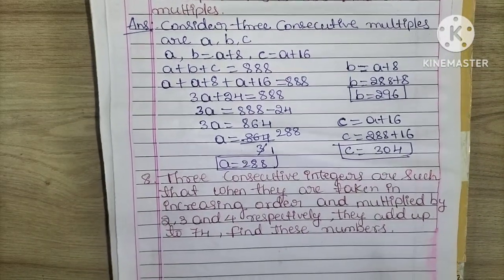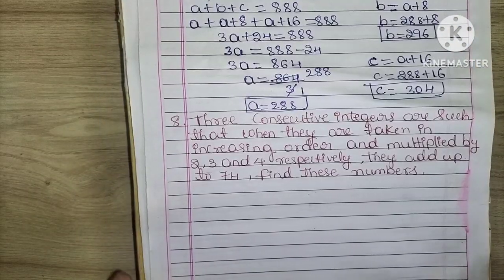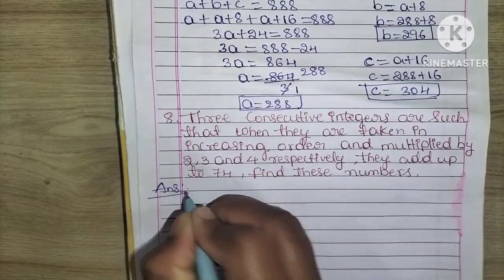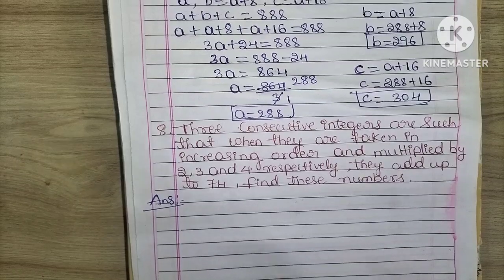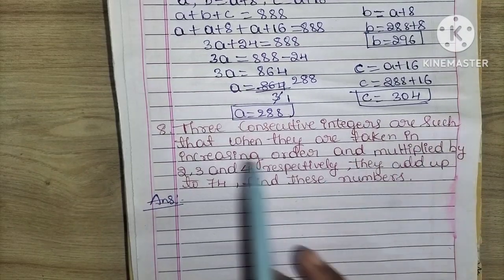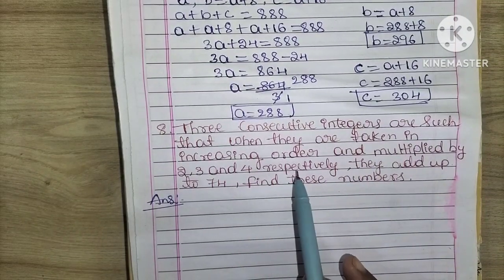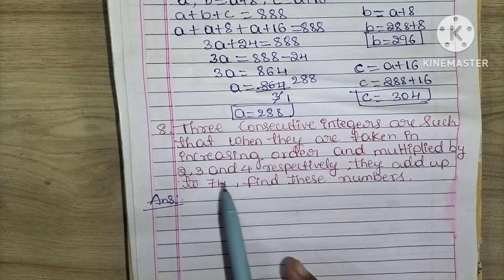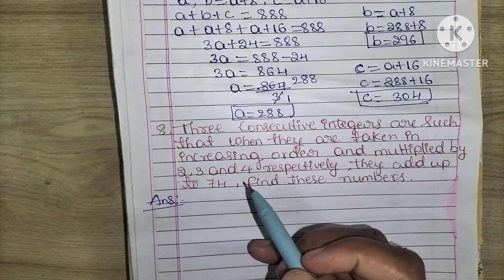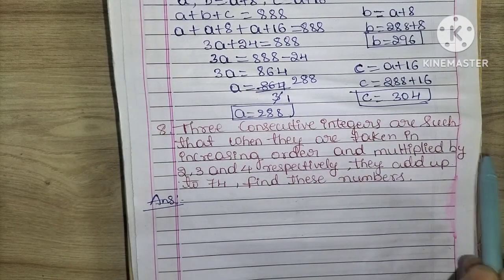These are the multiples. Next we have to move to the 8th question. What is the 8th question here? It's a big statement but easy calculation. The 8th question is: three consecutive integers are such that when they are taken in increasing order and multiplied by 2, 3 and 4 respectively, they add up to 74. Find these numbers. They are saying three consecutive integers, and we don't know them, and they are in increasing order.